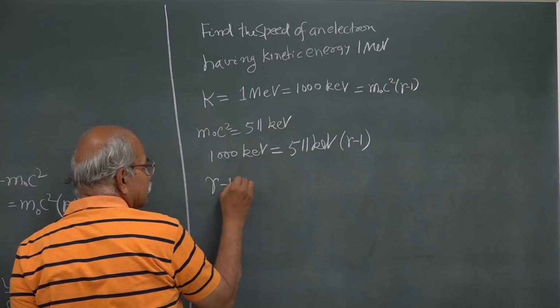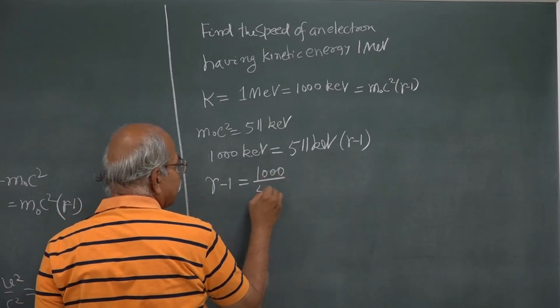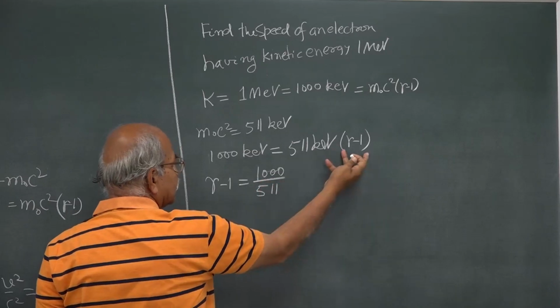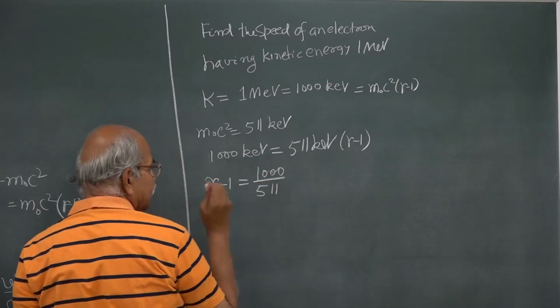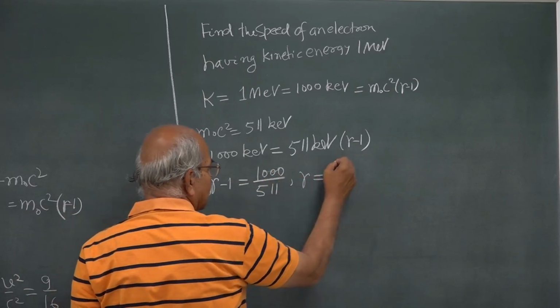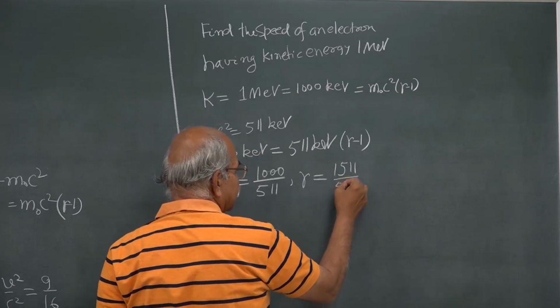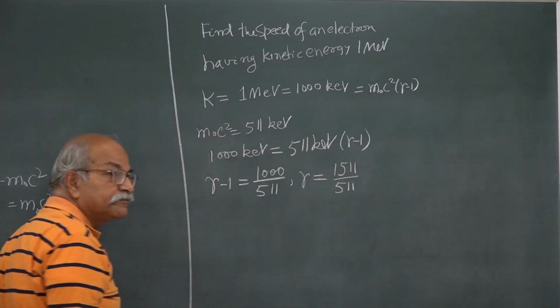So gamma minus 1 is equal to 1000 divided by 511, so gamma is equal to 1 plus this, which is 1511 divided by 511. That is gamma.